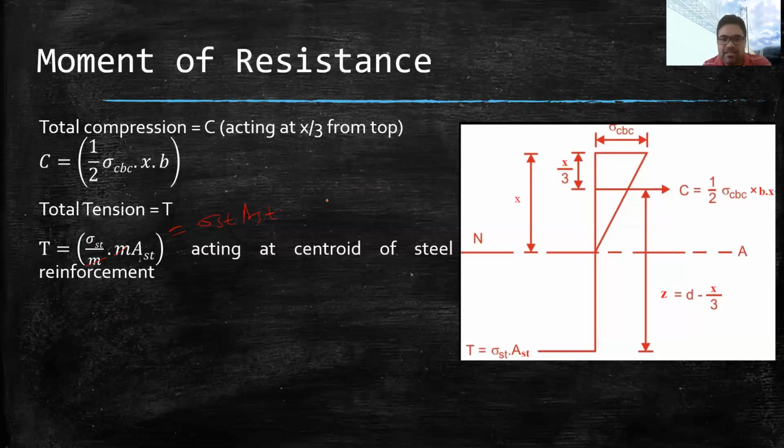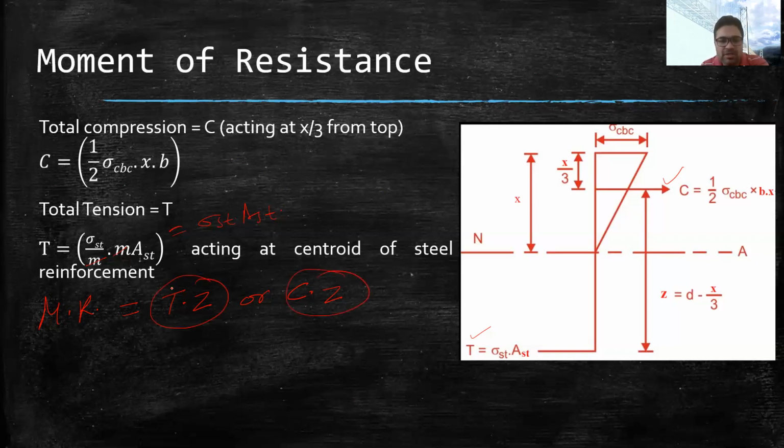I explained in the previous slide that the moment of resistance is equivalent to the magnitude of the couple, and the magnitude of the couple is equal to T into Z or C into Z. As I told you, C and T are both equal. So to get the magnitude of the couple, we can either multiply T by the distance between C and T, or multiply C by this distance, and we get the same value. That is why MR will be equal to T into Z or C into Z.